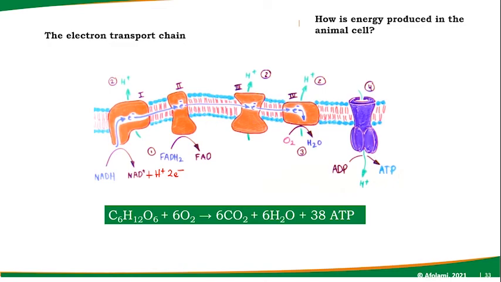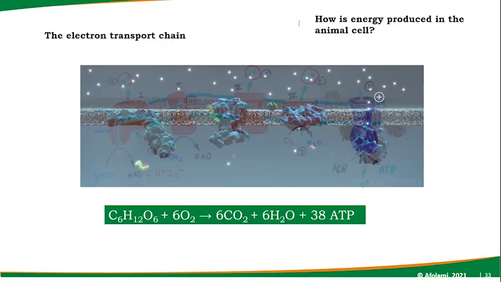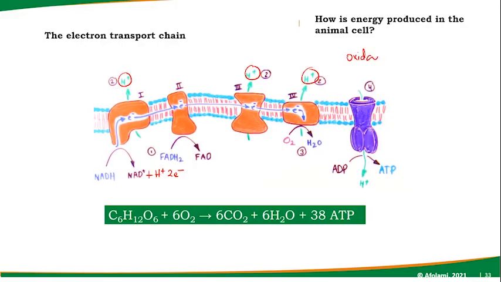So the question is, why are we generating these protons, and why are these protons being pumped by these proteins into the intermembrane space? It is because at the end of the day, we want to carry out what we call oxidative phosphorylation.